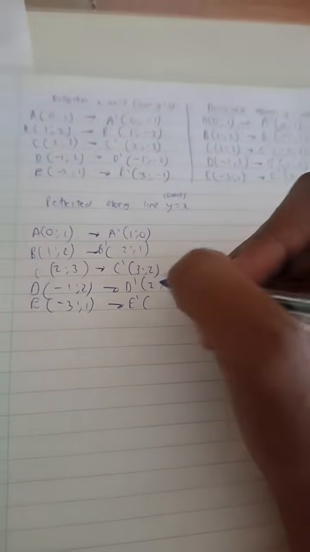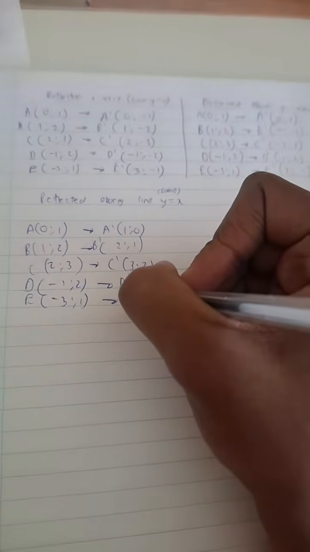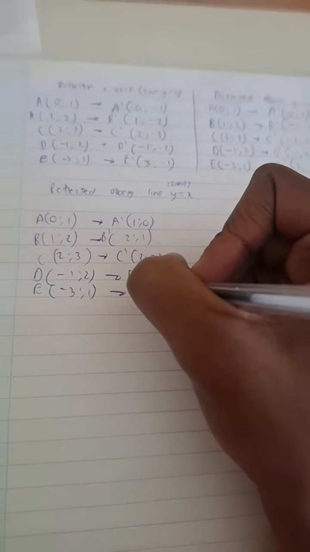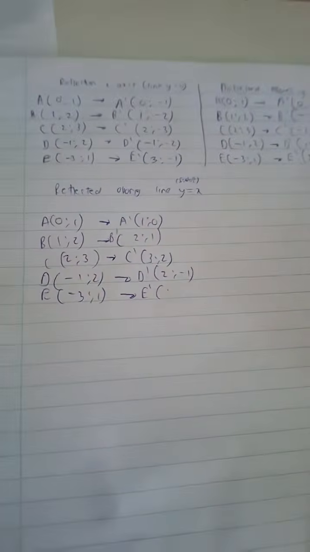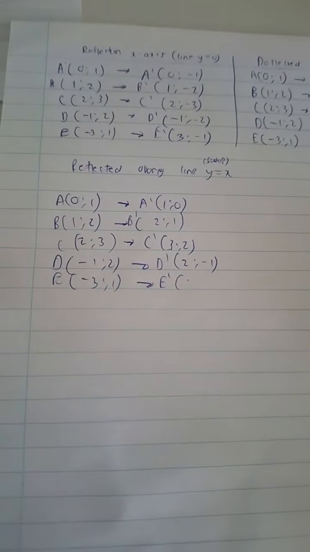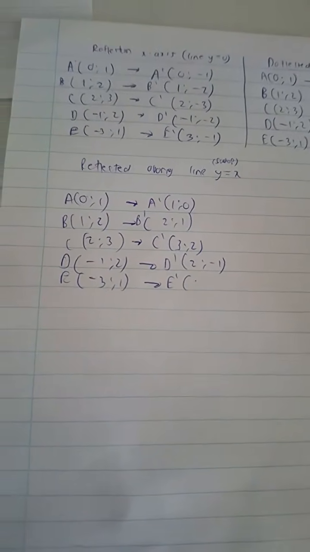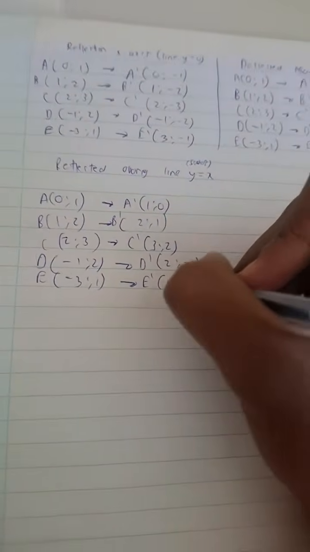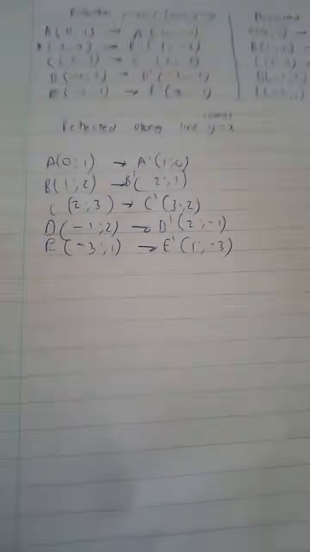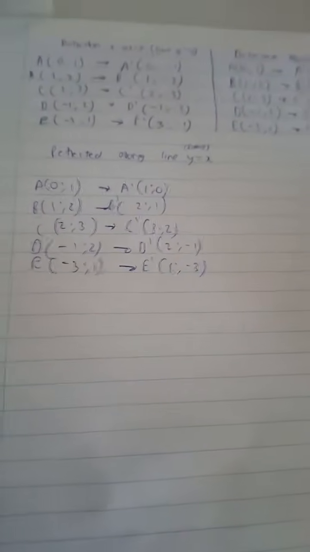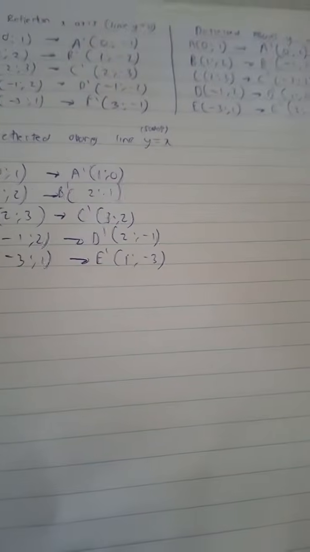E, the image. Yes. 1 and negative 3. So I think we pretty much got this down.